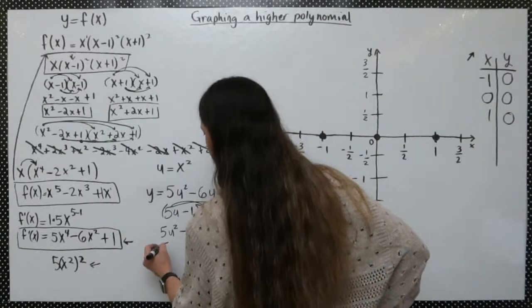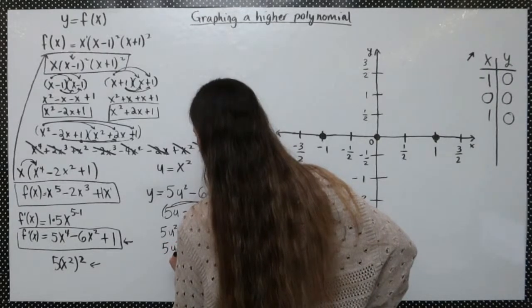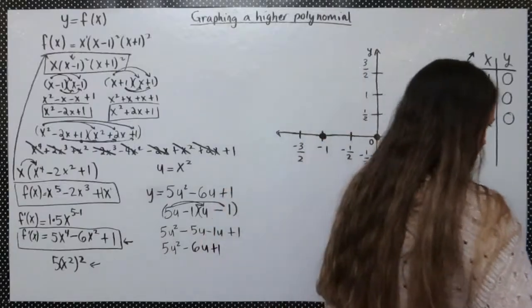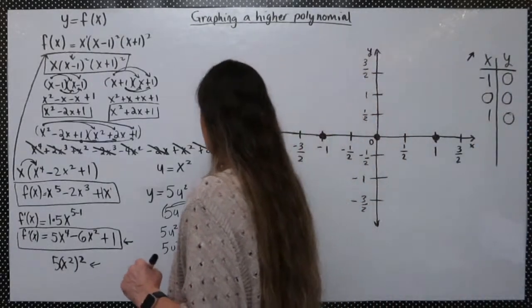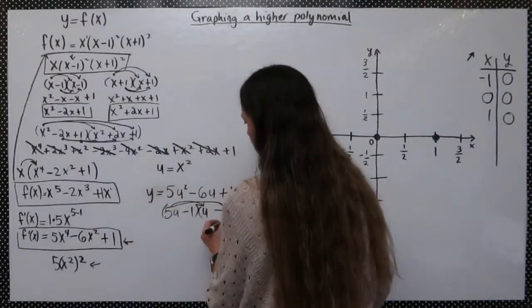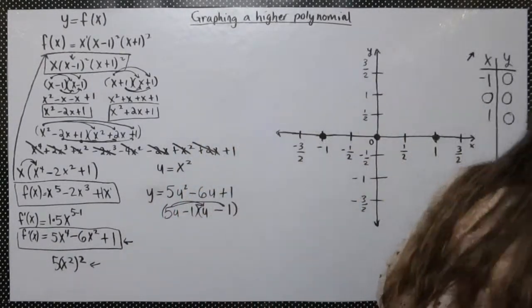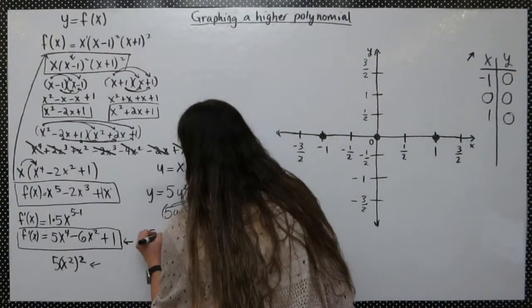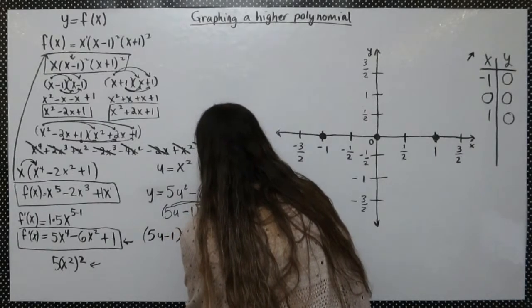Look, I did it. 5u squared minus 6u plus 1. Perfect. That's just me checking to make sure I have my factors. So we've got our factors here. We have 5u minus 1 times u minus 1 equals 0.